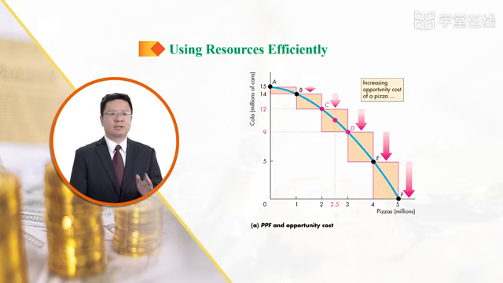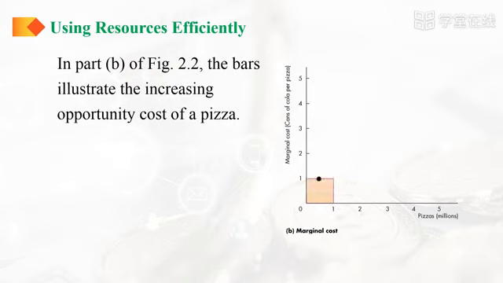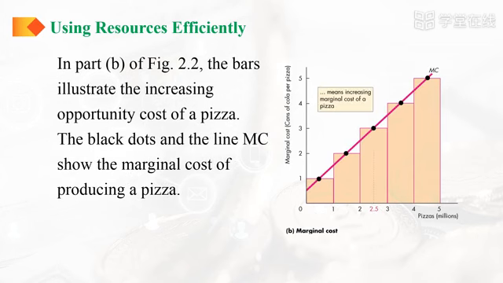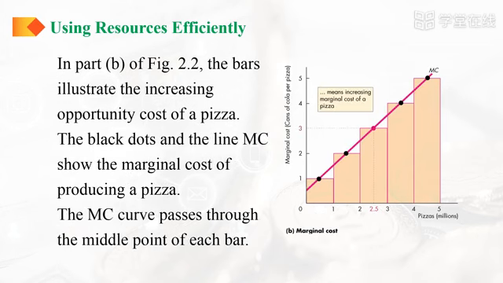The bars in Part A illustrate this calculation. The bars in Part B show the cost of an average pizza in each of the 1 million pizza blocks.